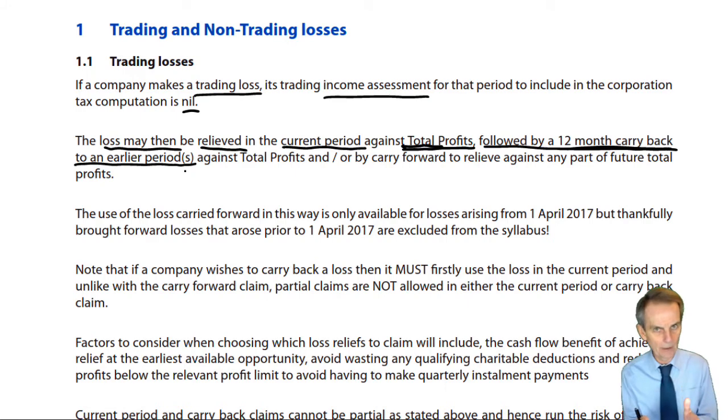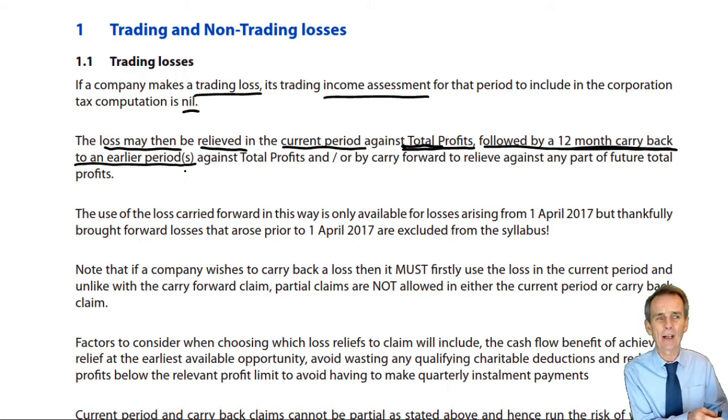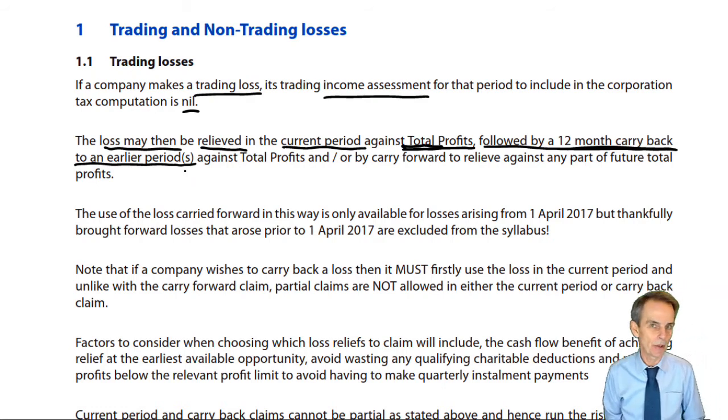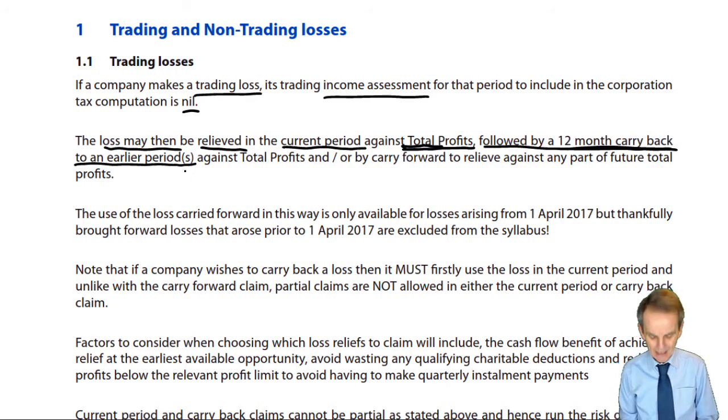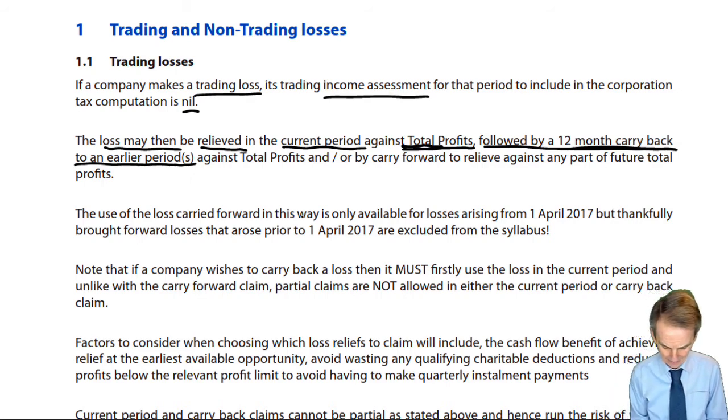It's a 12-month carryback. So if that preceding period should be less than 12 months, you take out all of that period to the extent that there are losses available to set off against its total profits, and then go back the balance of the 12 months. So if it was a 9-month period, then a further 3 months from the period prior to that. It's a 12-month carry back.